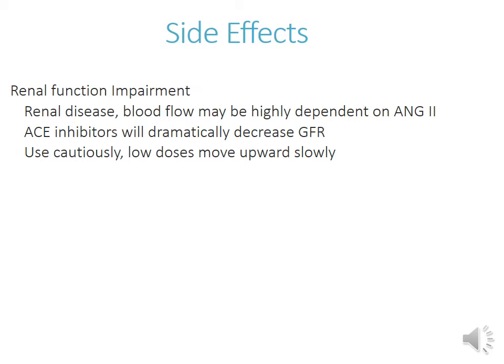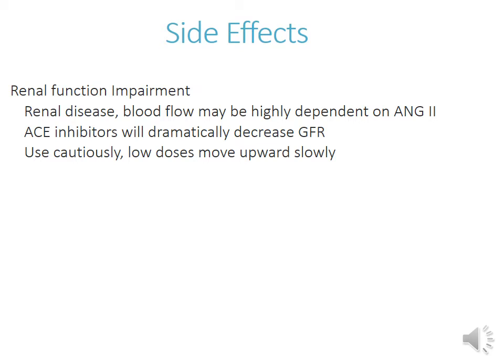On the efferent side, the vessel heading out of the glomerulus, angiotensin II is really responsible for a lot of that vasoconstriction. It's basically causing a lot of that back pressure on the glomerulus that causes filtration to occur. So if I take away the angiotensin vasoconstrictor and vasodilate that, you potentially have less filtration occurring at the glomerulus. It's basically like pinching off a hose, and then all of a sudden you take all that pressure off of it, right?